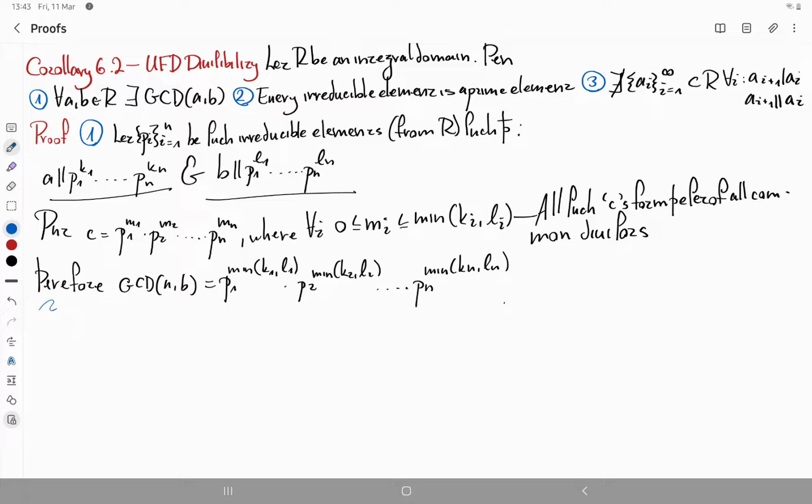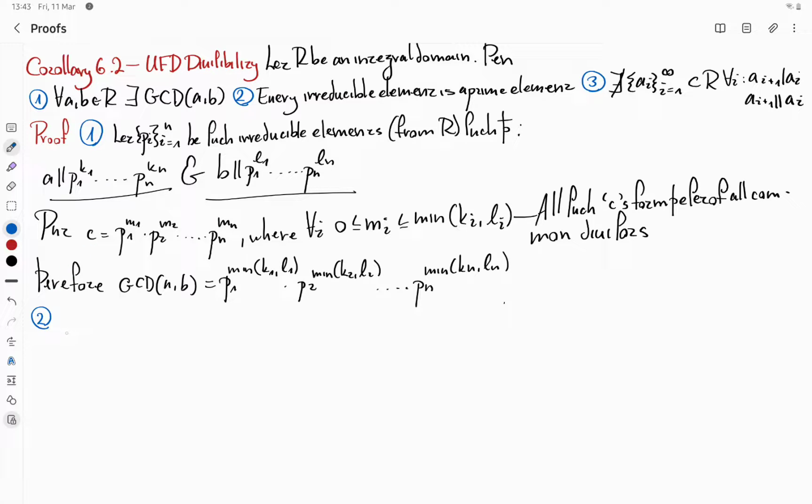Now, number 2. We want to prove that every irreducible element is a prime element. Fine. We need to single out a single degenerate case.